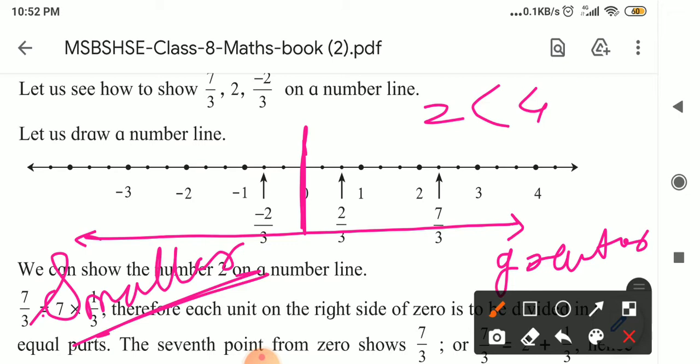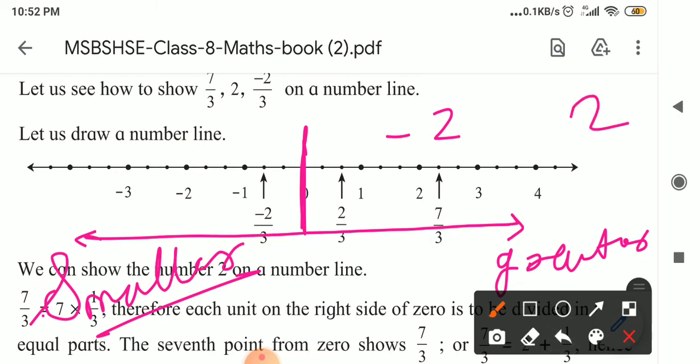What is the statement given in our textbook? Numbers towards the right side are greater than the left ones. So 2 is here and 4 is here, and 2 is on 4's left side, okay. Again one more example we will see: minus 2 and plus 2.